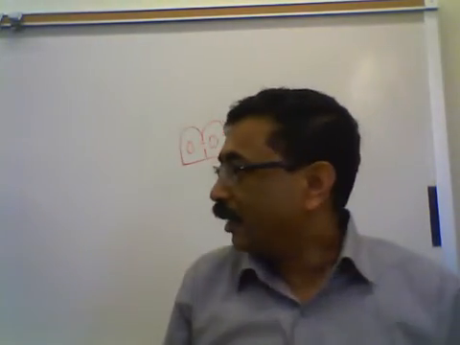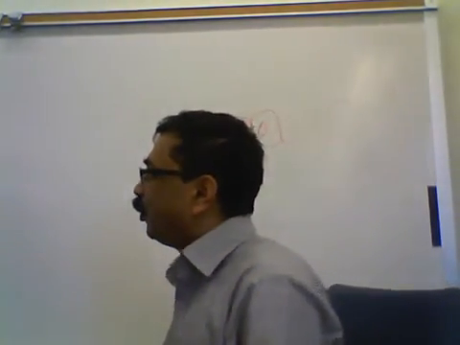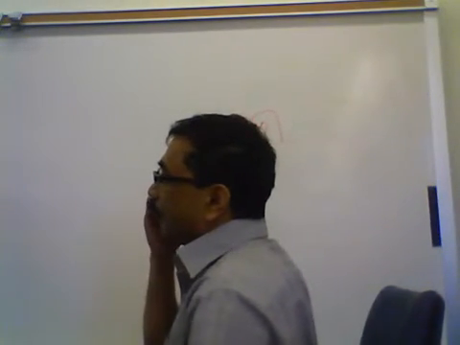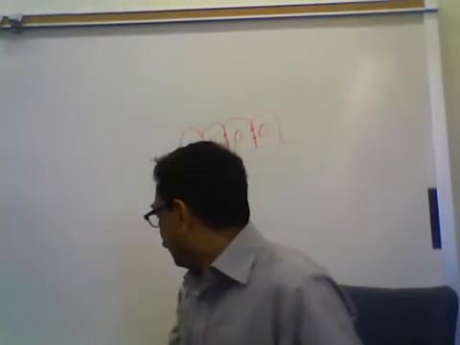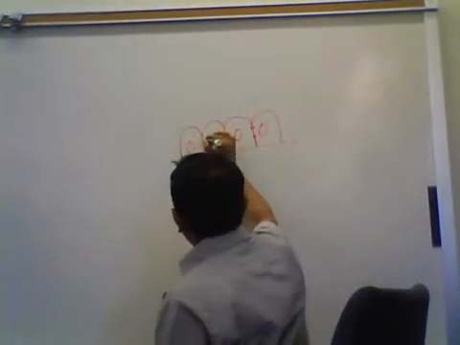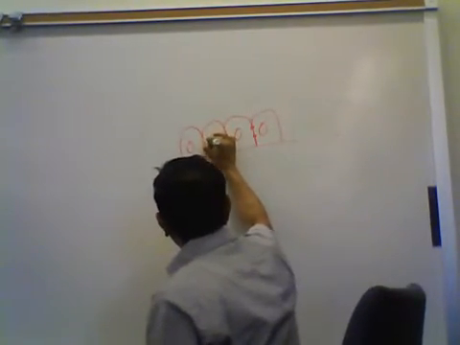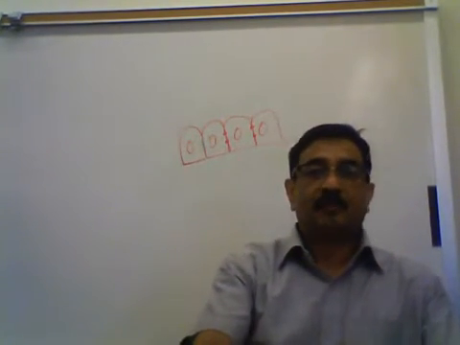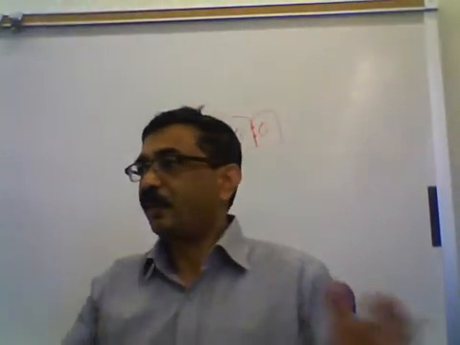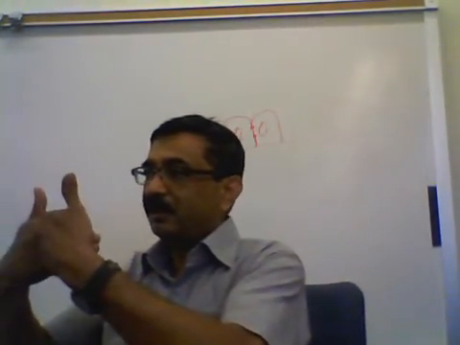So gap junctions have many pores. Now, desmosomes. If you see, the desmosomes are the strongest junctions. They hold the cell membranes very strongly together.